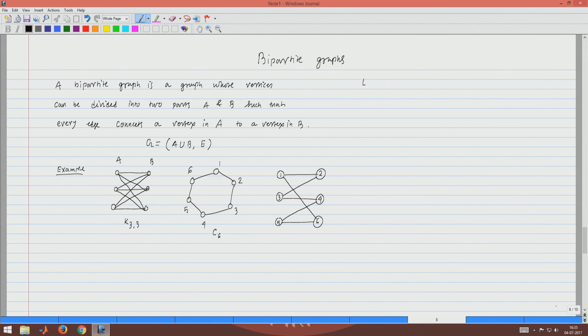Let me give one more example. Just to understand the definition of bipartite graph clearly, we can solve this problem: a 4 regular graph having 15 vertices cannot be bipartite.